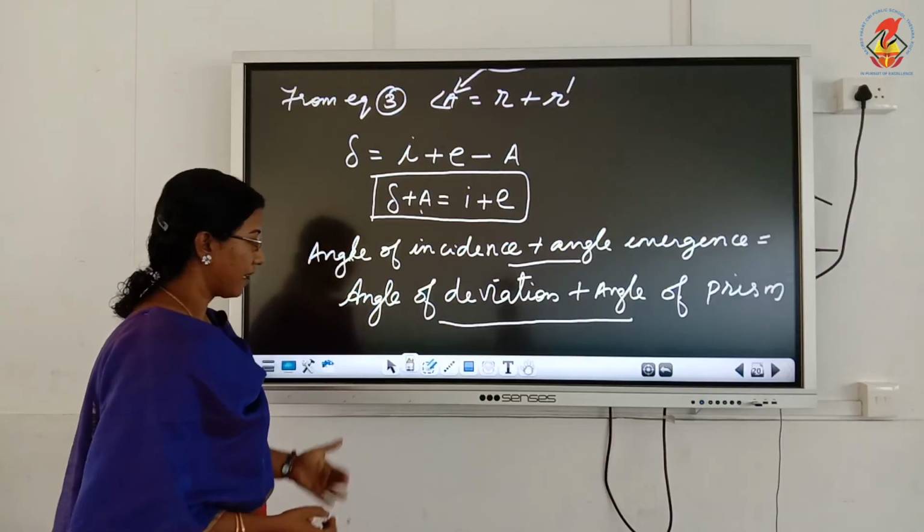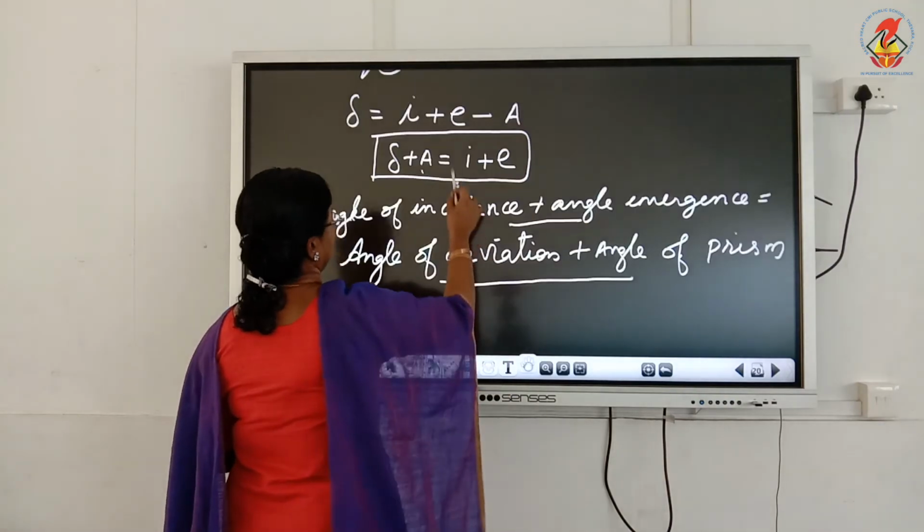Now let us see what the factors are on which the angle of deviation for a prism depends.